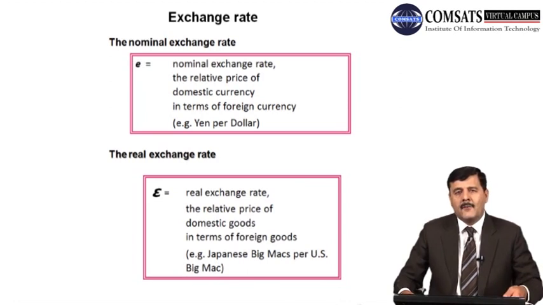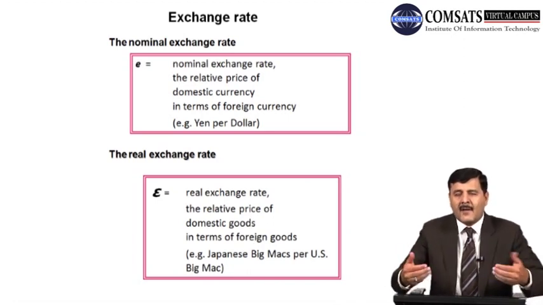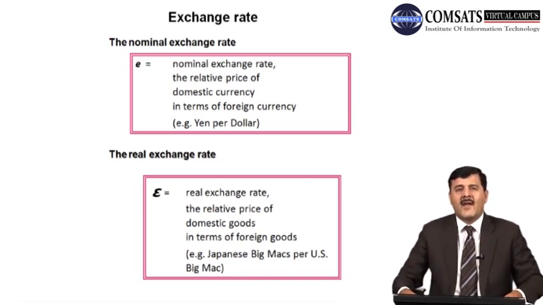Like if we talk about the Pakistani currency, how much is the value of 1 rupee in terms of dollar, or how much is the price of dollar in terms of rupee, $1 is equal to almost 92 rupees. So the price of one currency in terms of other currency is known as the exchange rate, and that is also the nominal exchange rate.